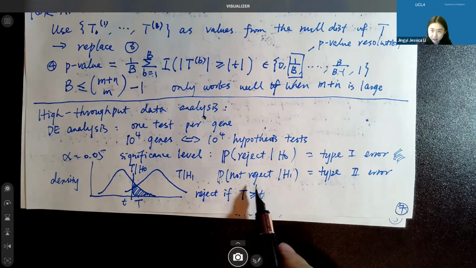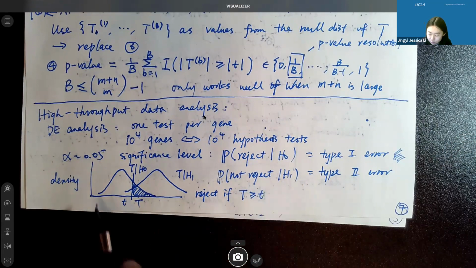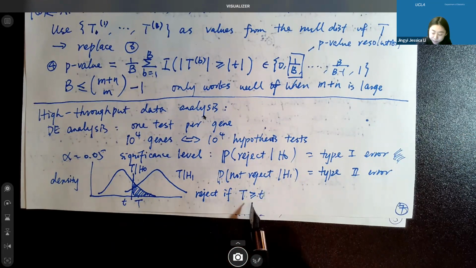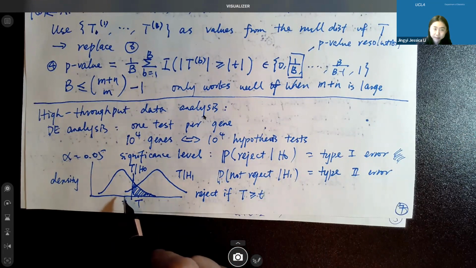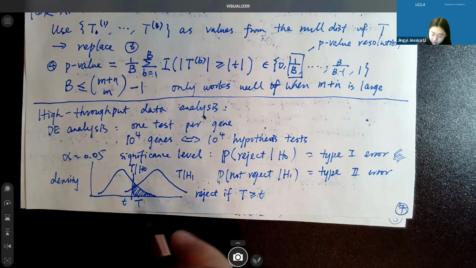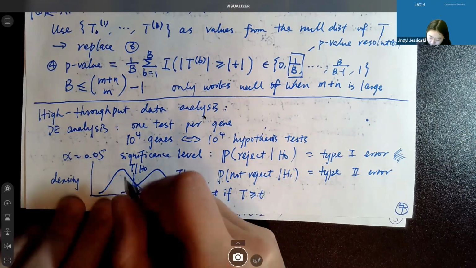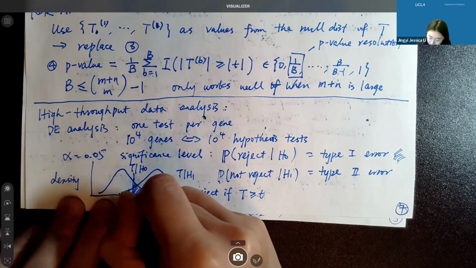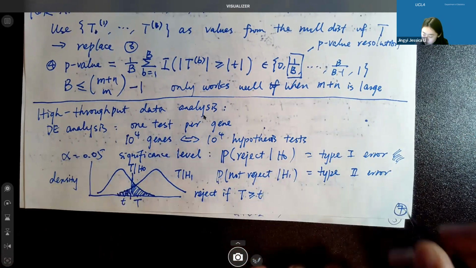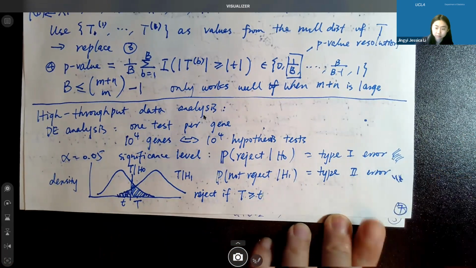Type 2 error, on the other hand, is the case when my test statistic is not bigger than t on the left-hand side, but it's from the alternative distribution. So the type 2 error would be, let me see, this part. That's the type 2 error. So this shaded area in the other direction.